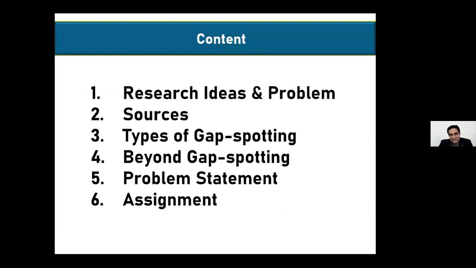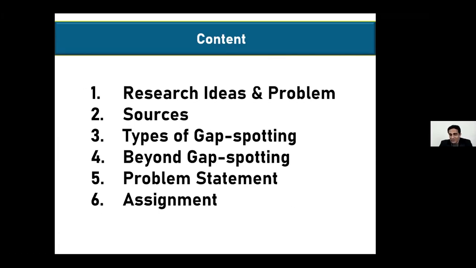The objective of this overall discussion is research ideas and research problems, the best sources of research ideas and problems, and then gap spotting. This is a very famous approach. When we review papers, we find that people always talk about the research gaps.